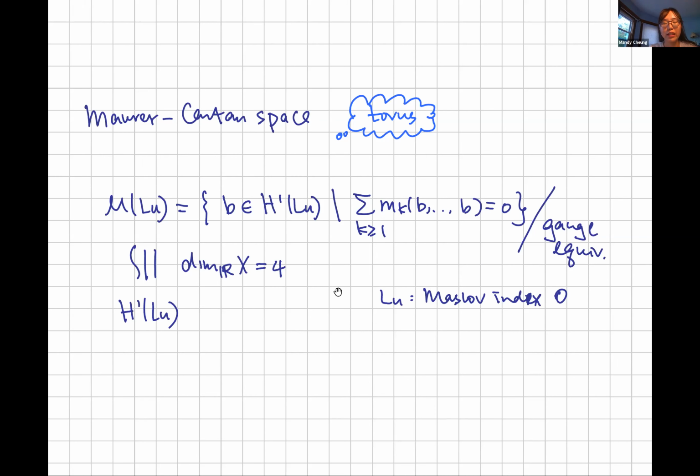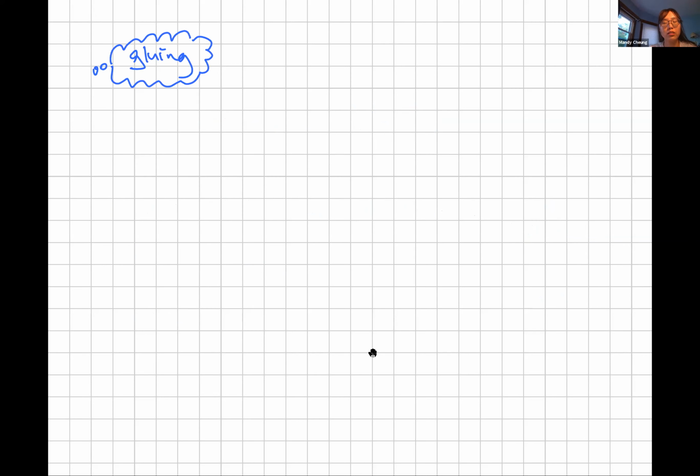And in this case, we are actually having this Maurer-Cartan space. Here, as in Mark's talk, and as you are going to see later when we are talking about the BPS 2A2, we are looking at the Maslov index 0. And here you can see why I'm having a torus there. If I mod out C and I exponentiate it, I'm thinking this is basically a torus in a certain sense, heuristically. So I have a torus.